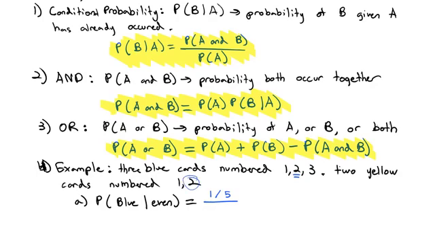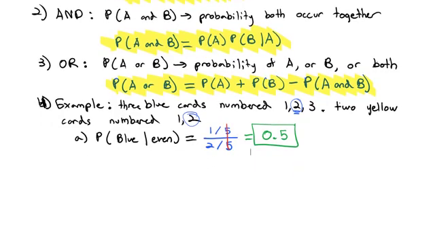There are 2 even numbers out of 5. Now, what's nice is generally those denominators will divide out, and we're just left with 1/2, or 0.5. So that means if I know I've got an even card, the probability is 50% that it's going to be blue. That's conditional probabilities.